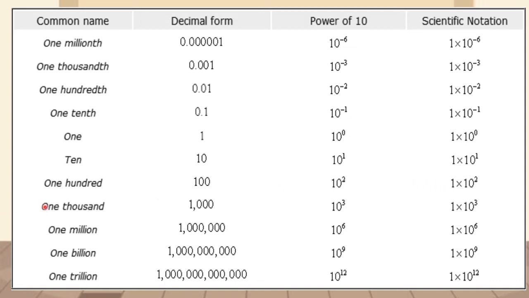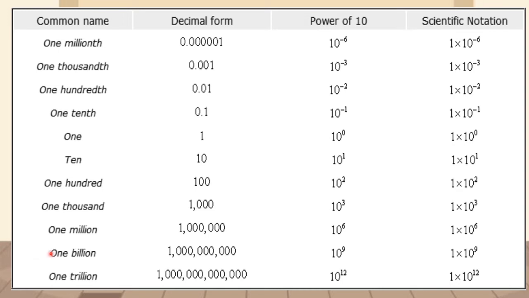For 1,000, its decimal form is 1,000. Its power of 10 is 10 raised to 3, while its scientific notation is 1 times 10 raised to 3. For 1,000,000, its decimal form is 1,000,000, its power of 10 is 10 raised to 6, and its scientific notation is 1 times 10 raised to 6.